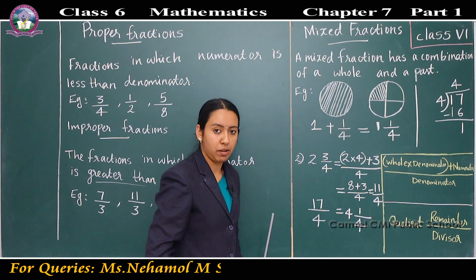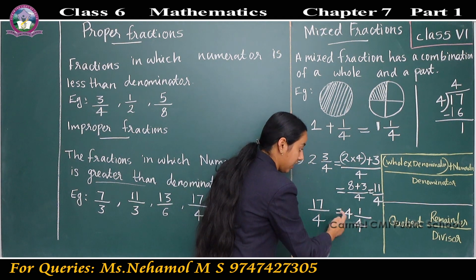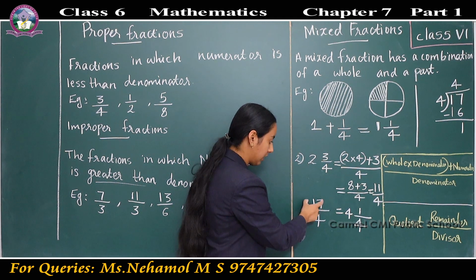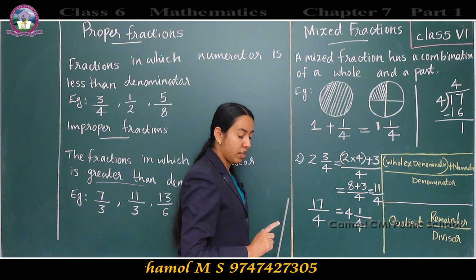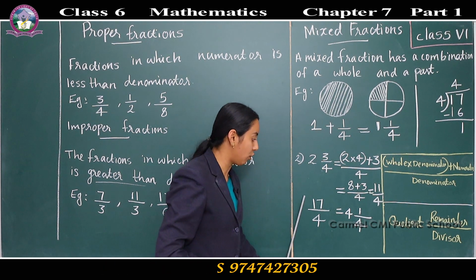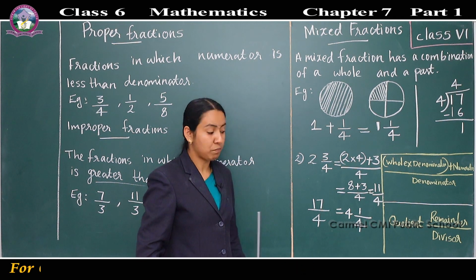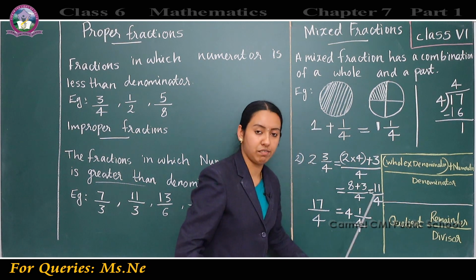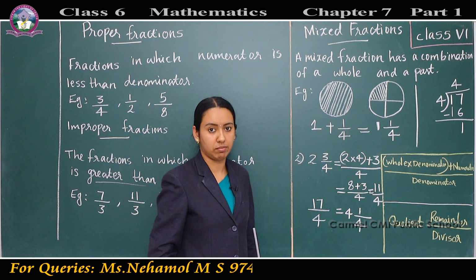If you multiply 4 and 4, 4 4s are 16. 16 plus 1, 17 by 4. You will get the same improper fraction. So 4 1 by 4 is the corresponding mixed fraction of the improper fraction 17 by 4. So what is the form? Quotient, remainder by divisor.